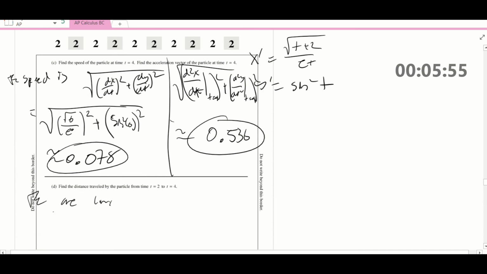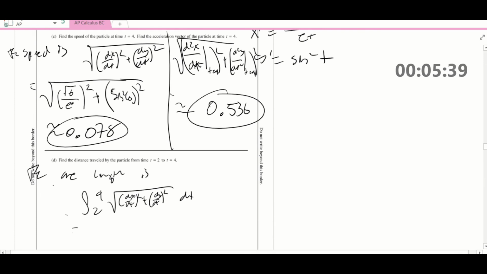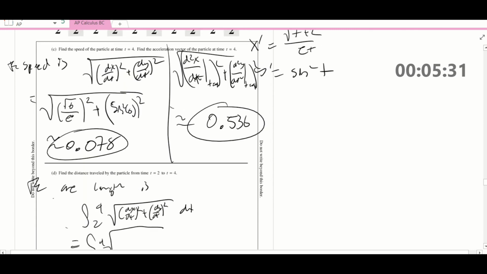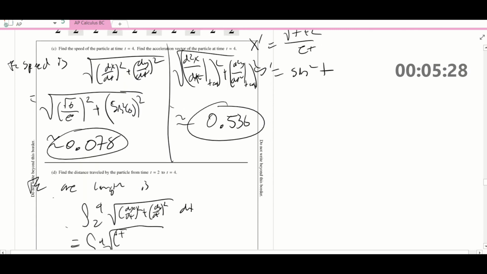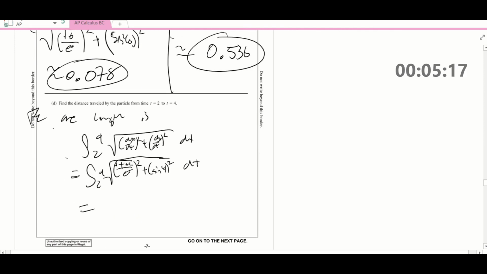So the arc length is the integral from 2 to 4 in this case of the square root of dx over dt squared plus dy over dt squared dt. This is equal to the integral from 2 to 4 of the square root of the square root of t plus 2 over e to the power of t, squared, plus sine squared of t squared dt. And then we can just use a calculator again.